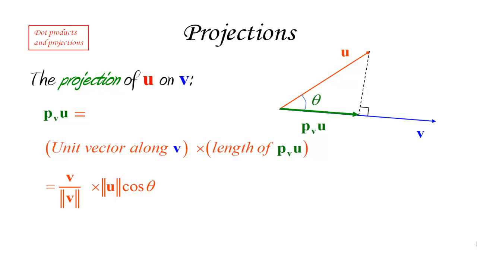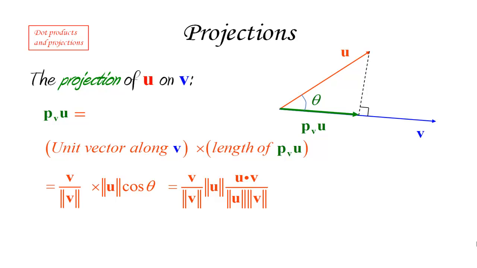Alright, so that's a first way of figuring out what this vector is all about. But again, notice it has a cosine of theta. We want to get rid of it. Remember, I just told you before that the cosine of theta actually has a formula in terms of dot products and norms and lengths. So we're going to be using that one. So that means that we have the vector v divided by its norm that gives us the unit vector.